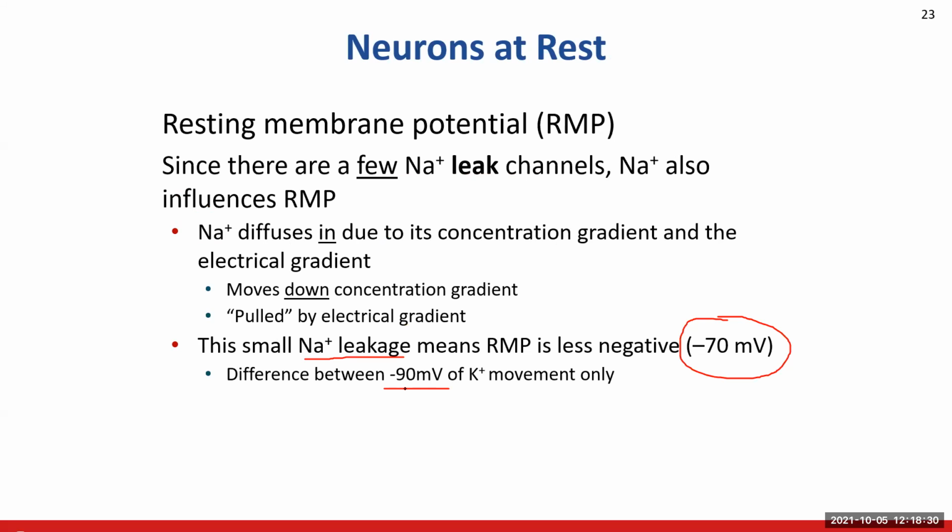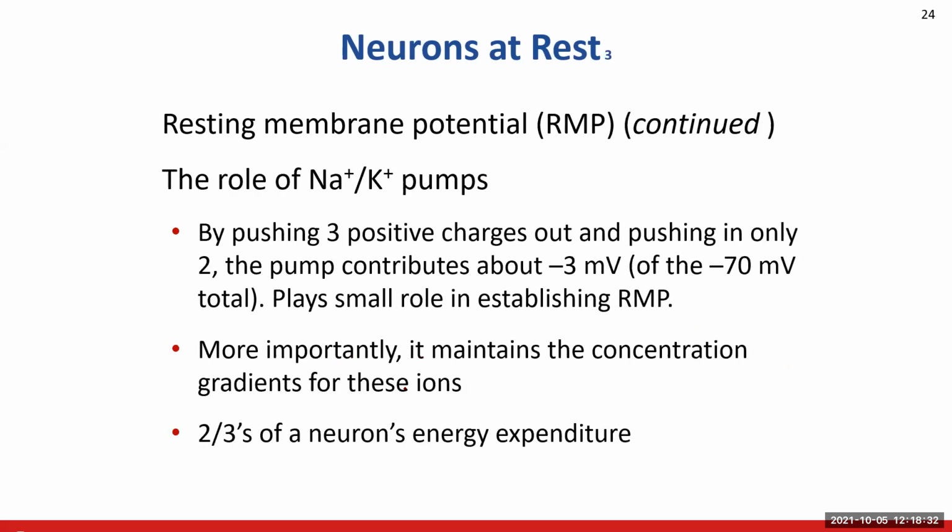And then there's one other thing that is going to influence the resting membrane potential, and that's these guys, sodium potassium ion pumps. They're not going to do a tremendous amount, but still a little bit. We should know that a sodium potassium ion pump is going to move things against their concentration gradient. It's going to require energy, and you should also know the ratio. For every 3 sodium that's pumped out of a cell, 2 potassium are pumped into the cell.